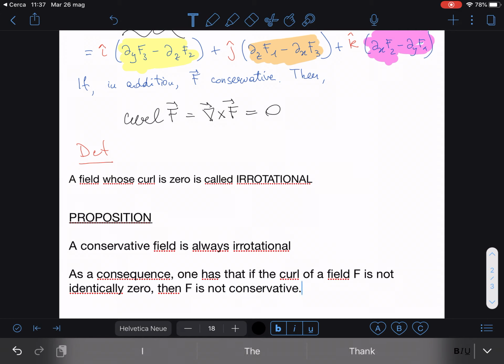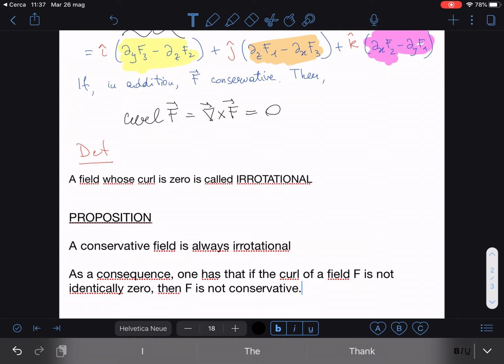So it's a sort of negative criterion. We are still not able to say if a field is irrotational, then it is conservative. It will not be really true, we will see. But on the contrary, we are sure that if a field is not irrotational, then it is not conservative.